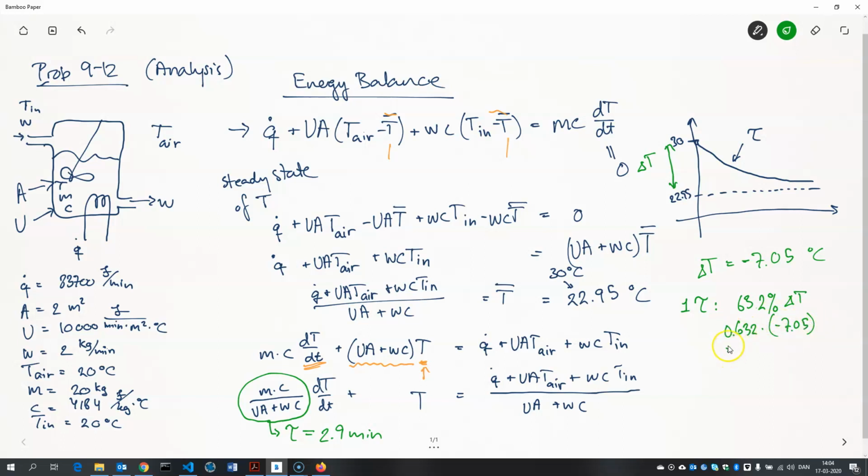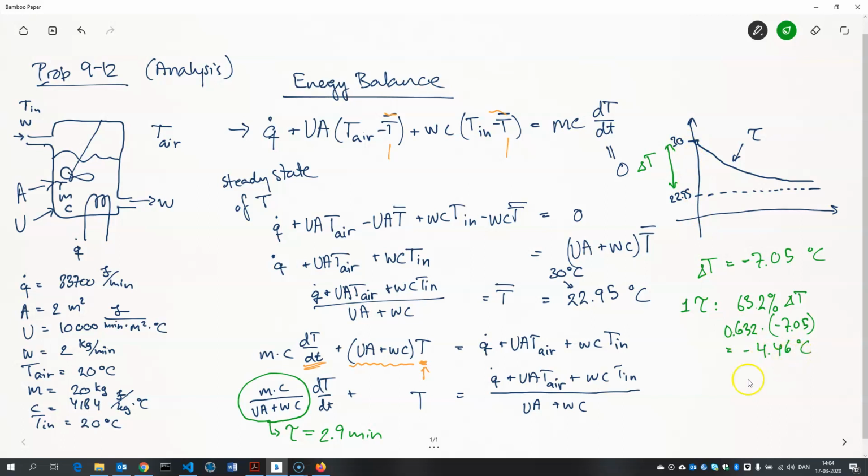And if you do that computation, I did that just recently. Let me check what you get. Then you get minus 4.46 degrees. So after 2.9 minutes, roughly, the temperature will have dropped by 4.46 degrees Celsius.